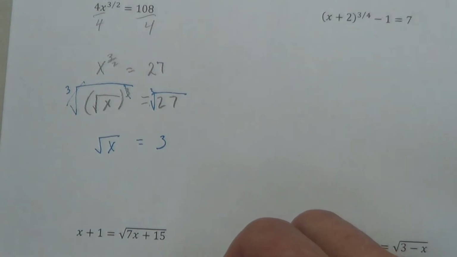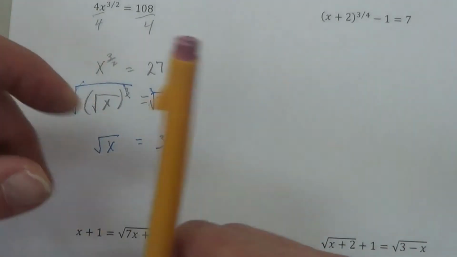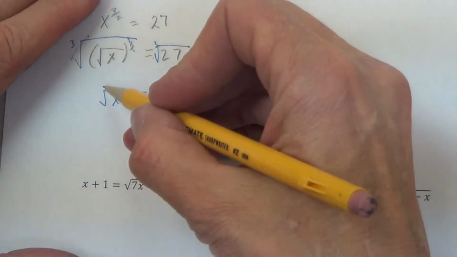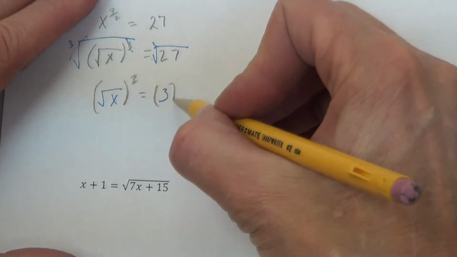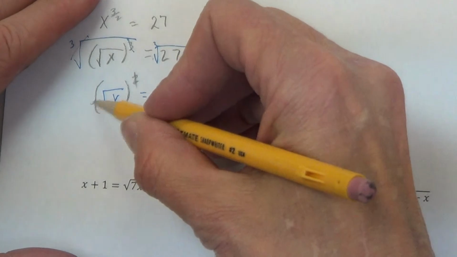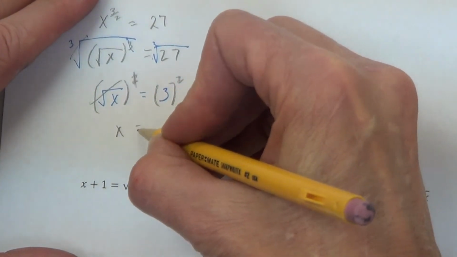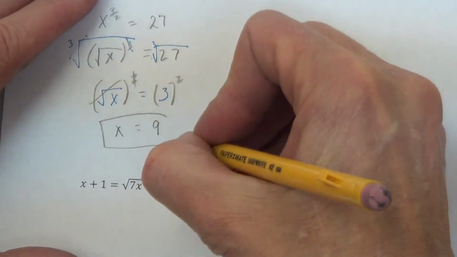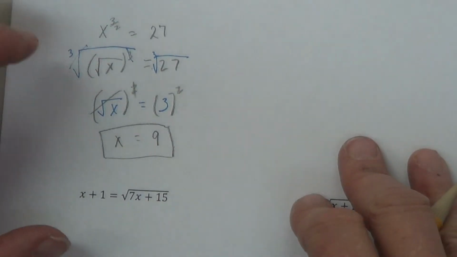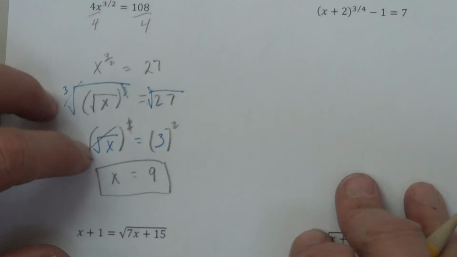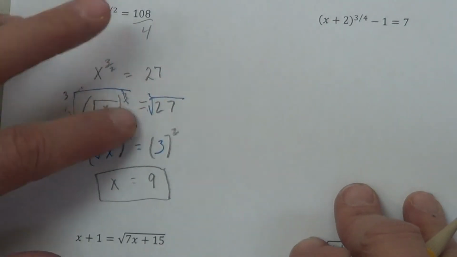Now, in order to get rid of the square root, we would actually raise that to a square. And that would cancel that, and we would end up with x equals 9. I want to show that in another way in class. There's a couple other ways to look at that, so make sure and bring that one up.